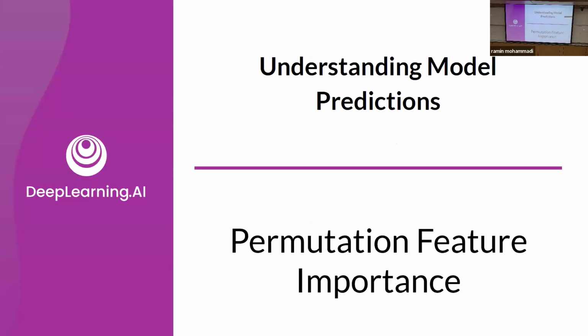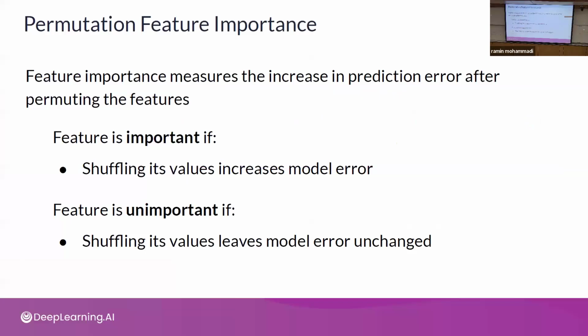The other one is permutation feature importance, and this is a really interesting technique. Imagine you have a series of features and you want to see if they're important. If I pick one column and shuffle it randomly, keeping all the other columns fixed, what will happen to my model's output? Imagine you have trained this model and I take a column like height and shuffle its values across all the rows. Look at the error you're getting.